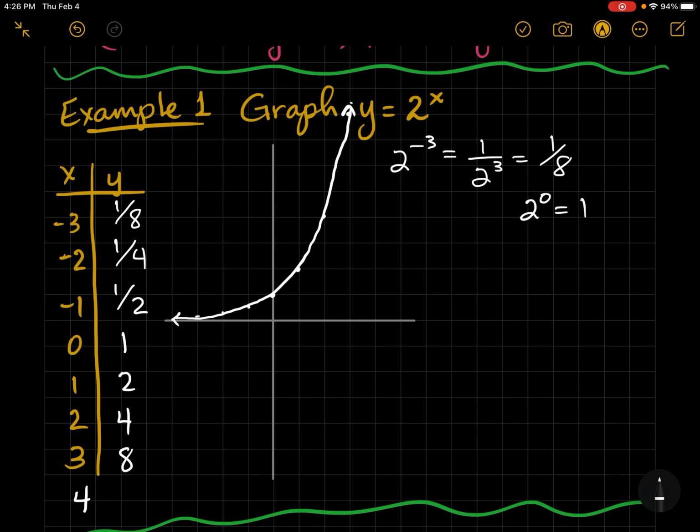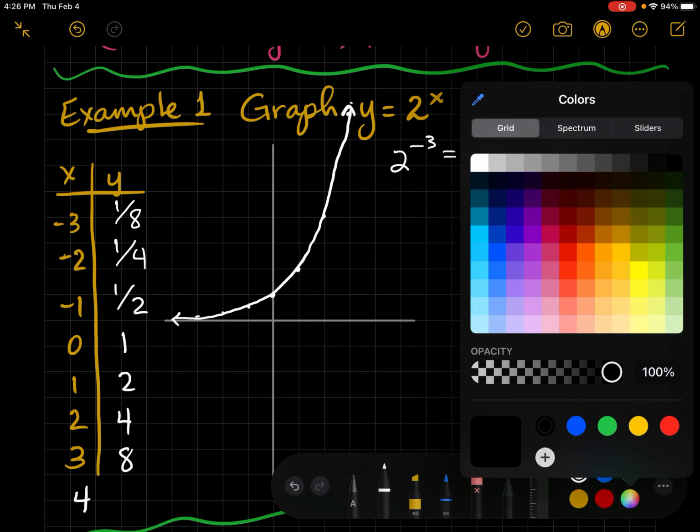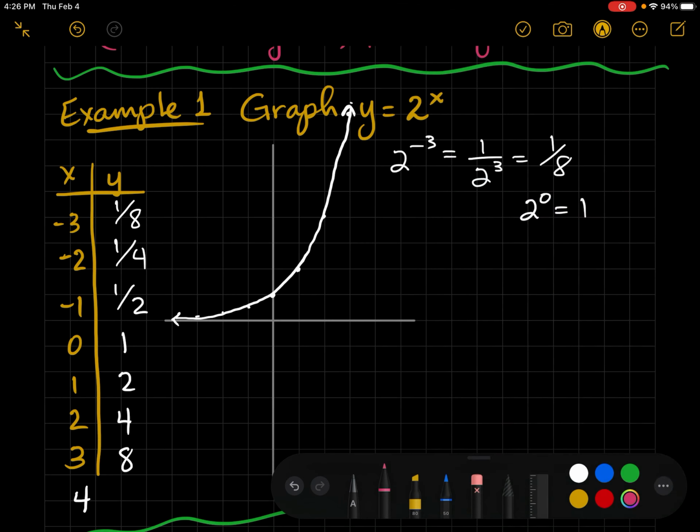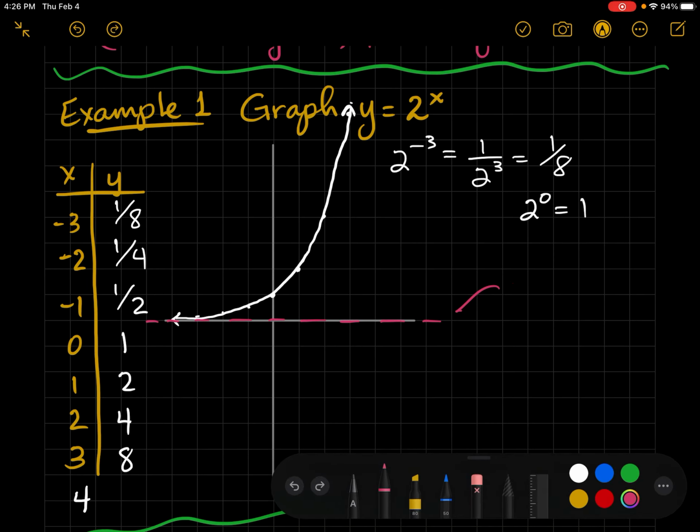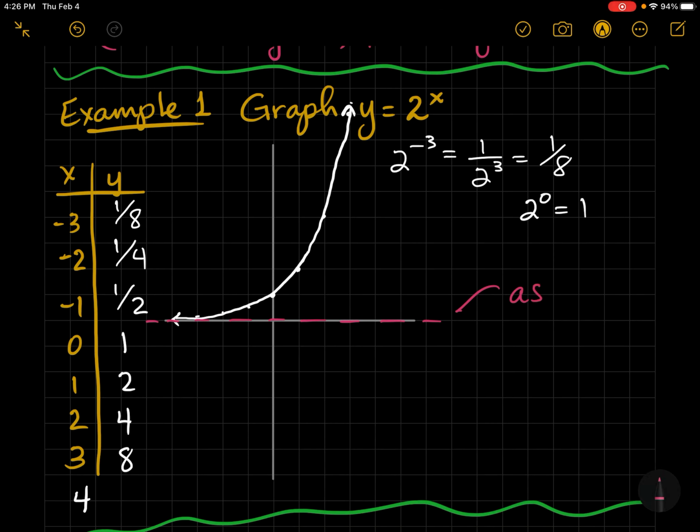Okay. I want to introduce you to a word. I'm not sure if you know it, but the word is called asymptote. This graph has an asymptote. And an asymptote, we usually put it dotted on the graph. And it's a limit line.